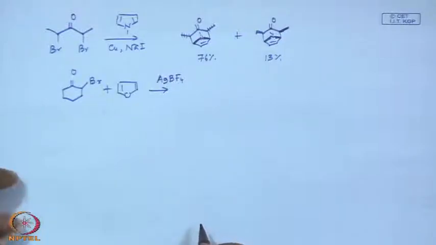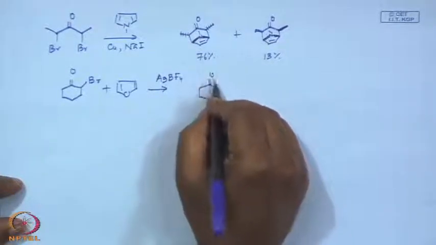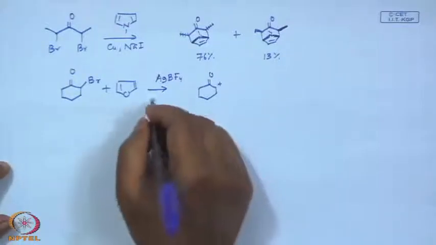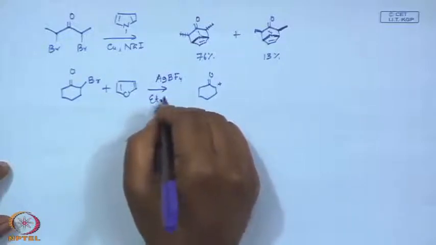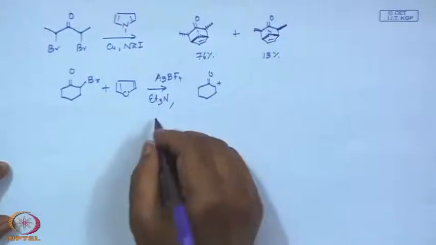That takes care of this, that would pull out the bromine. Then at the same time you have to form an anion here. So, how do you do it? Just use a base, in this case triethylamine, that is enough. And then a solvent, because you are using an inorganic compound, silver tetrafluoroborate, so you have to use a polar solvent.